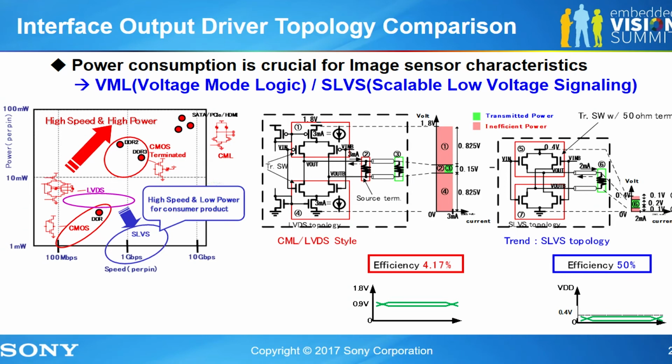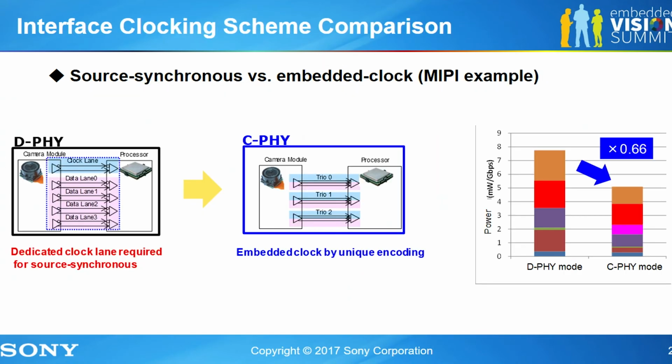I believe it's a JEDEC standard. This kind of output driver topology can gain more power efficiency. Power is very important since we are talking about the image sensor. The image sensor picture quality is degraded by heat or power, so that's important.